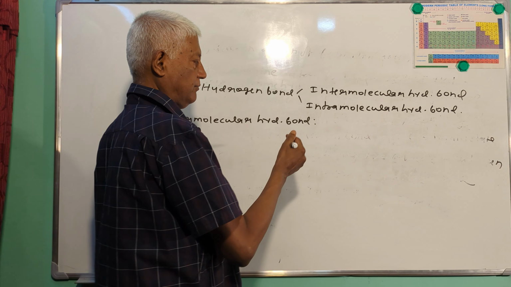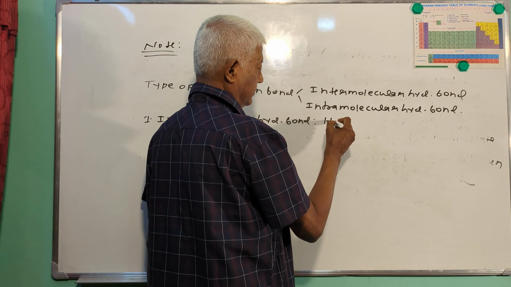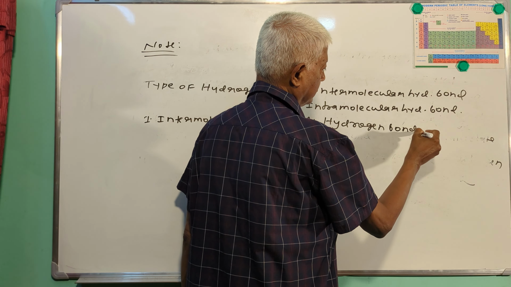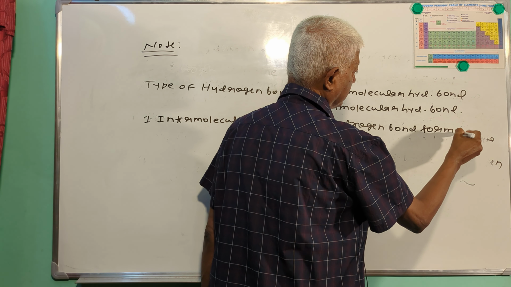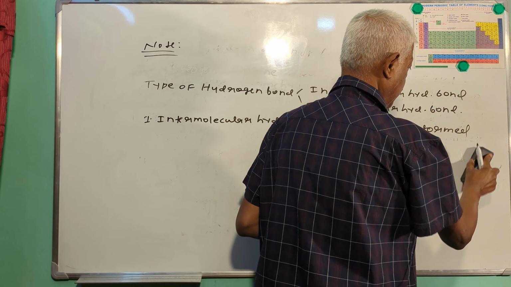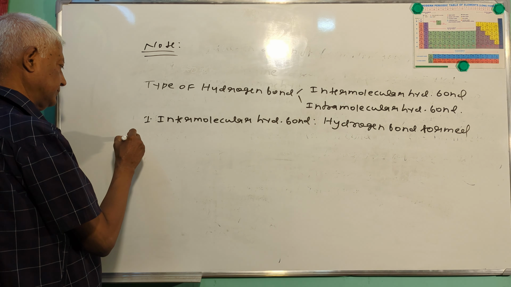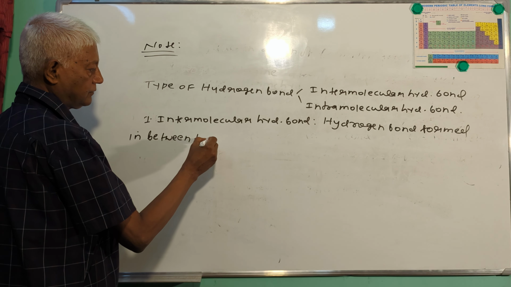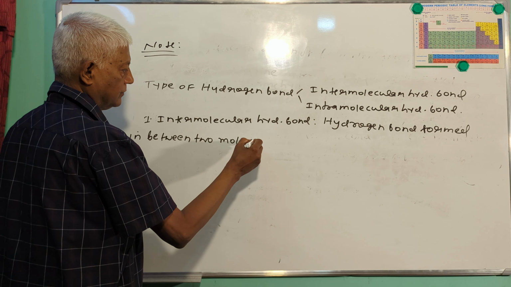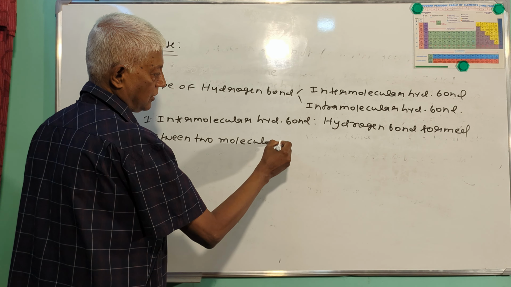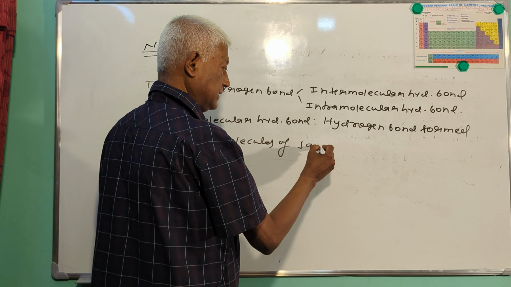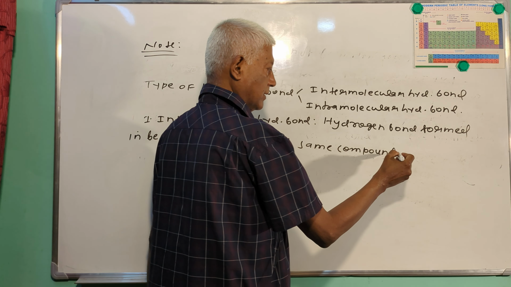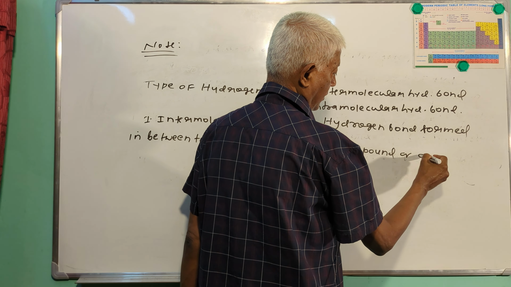So intermolecular hydrogen bond is the hydrogen bond formed in between two molecules of the same compound or another compound.